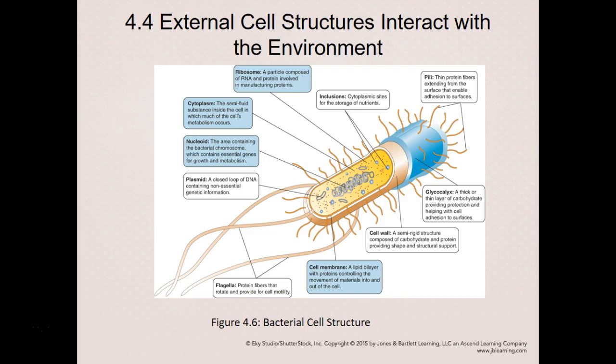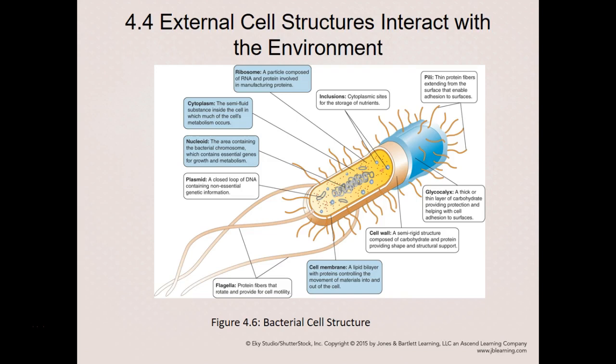Glycocalyx can be found in the form of a capsule or a slime layer. That's what I'm going to call it for now. Okay. The capsule is very organized. In both cases, though, this protects the cell even further.